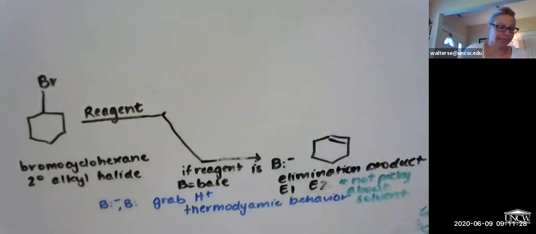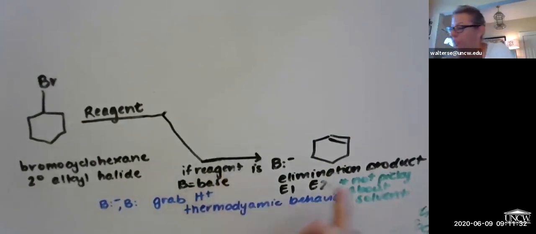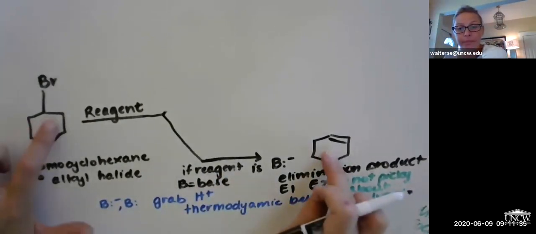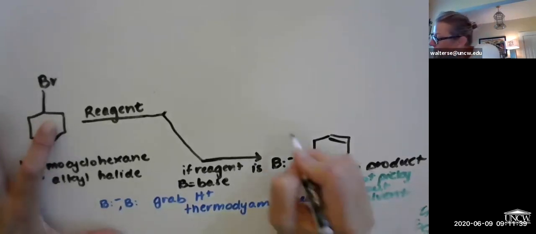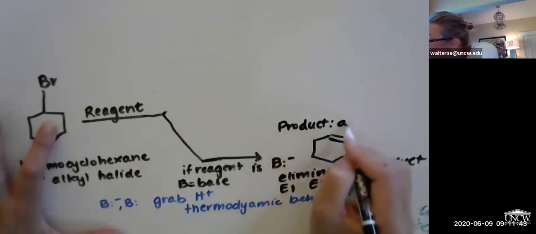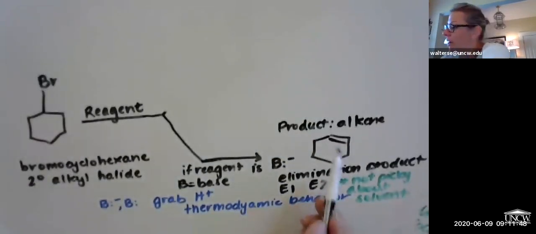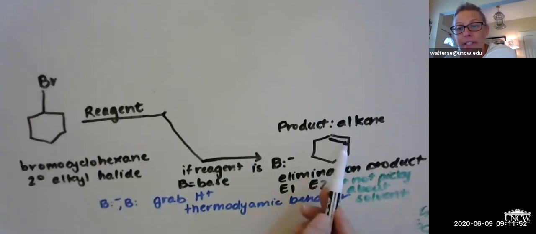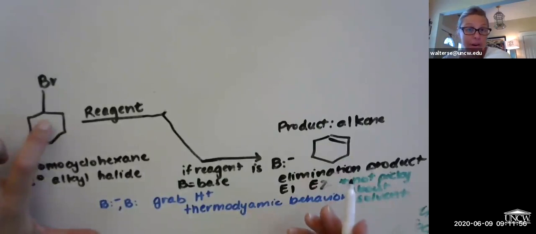All right. So if you look at this elimination pathway from here to here, when you have an elimination, your product is going to be an alkene. Okay. An alkene requires you to have a carbon-carbon double bond, which means you have to have 2 carbons at a minimum in your substrate.